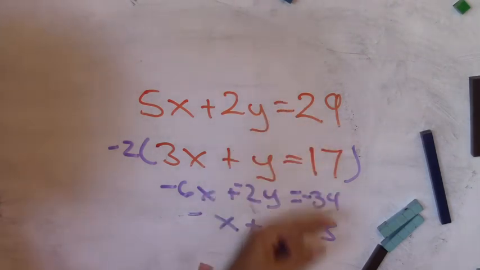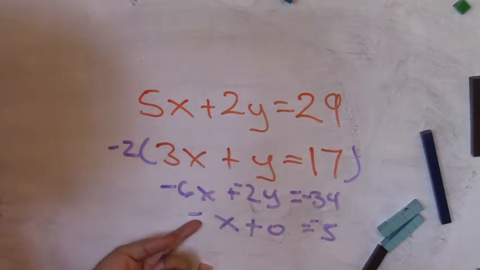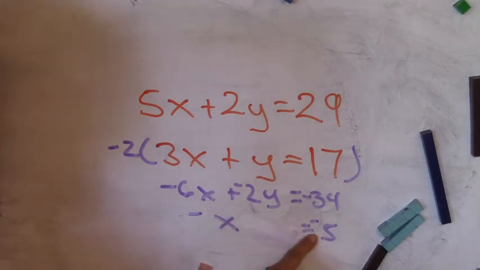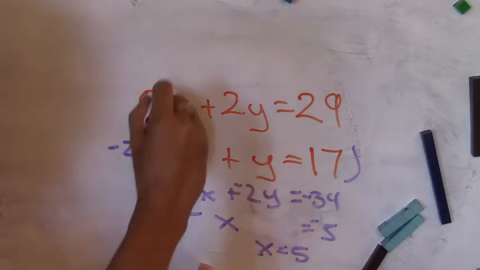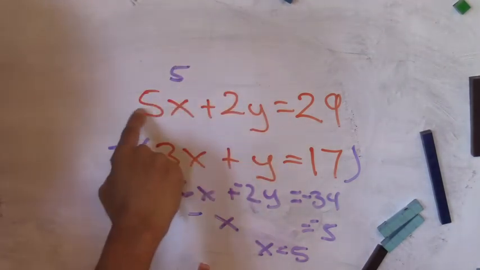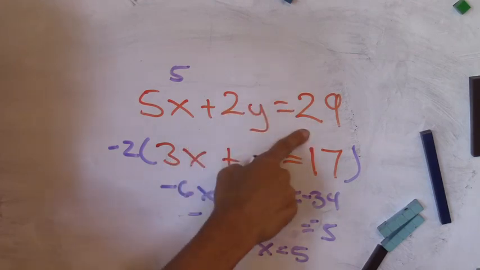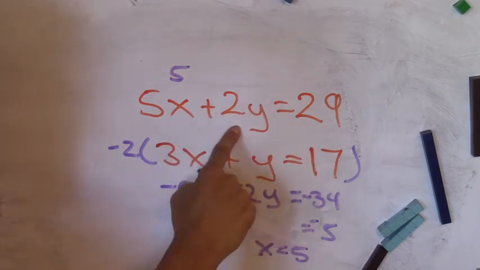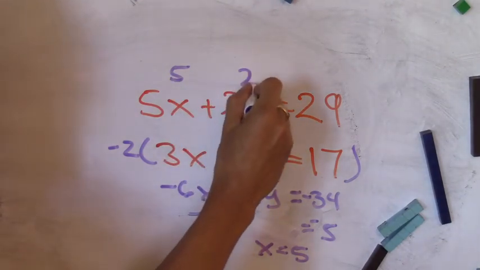When I add these two, I get -x, and -x is the same thing as -5, which means that x is the same thing as 5. Once I know that x is 5, 5 times 5 is 25, and 25 plus 2y equals 29, so y has to be 2.